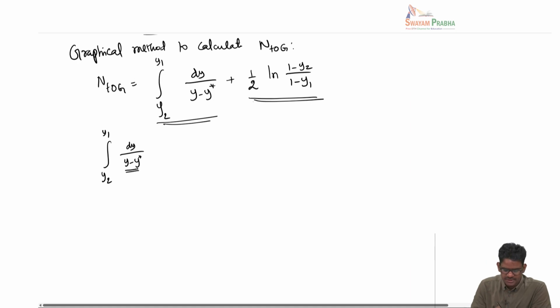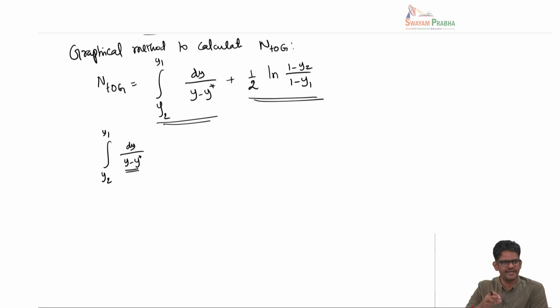So this expression is something that might change across the column. This Y minus Y star is the driving force available for the gas phase mass transfer, and that may vary across the column. Let's say that I define a kind of an average across the column. Let's say I define an average driving force using log mean difference.